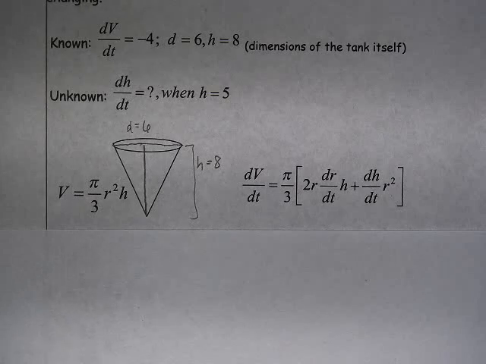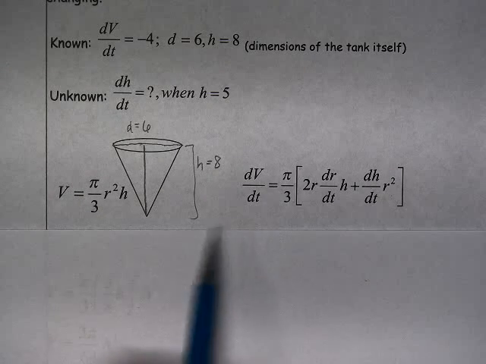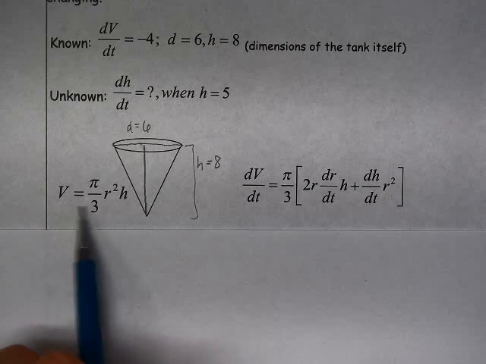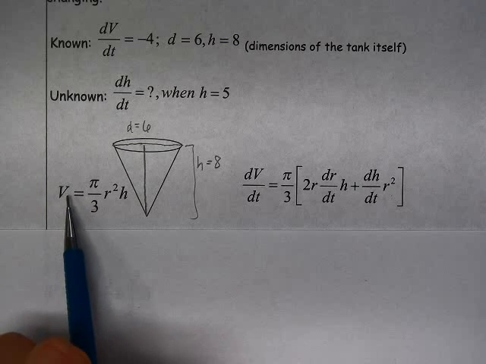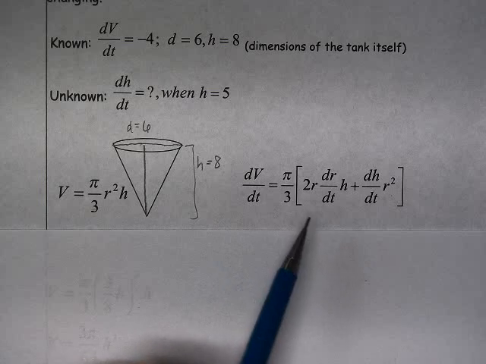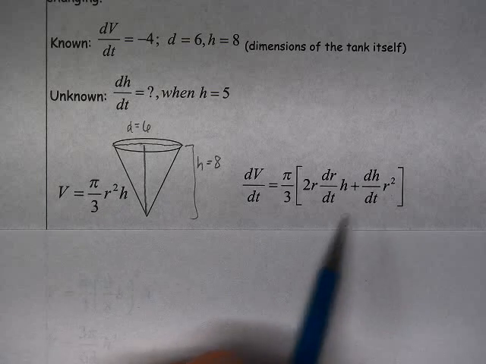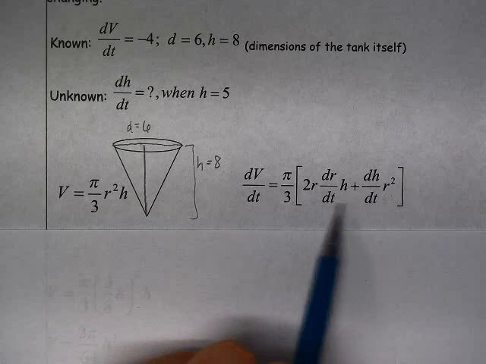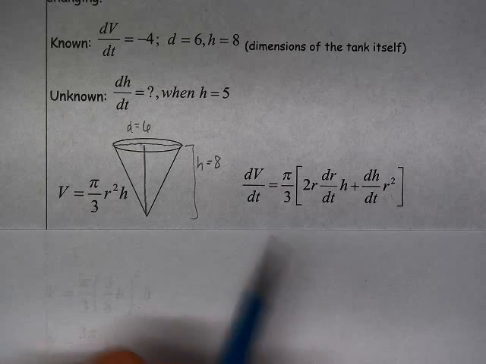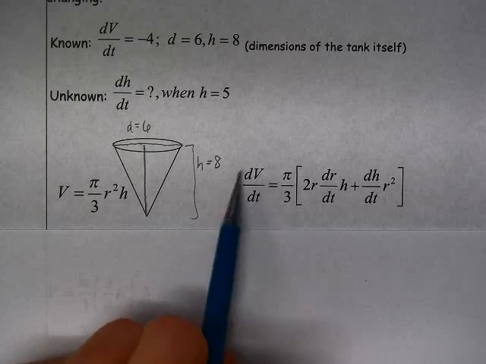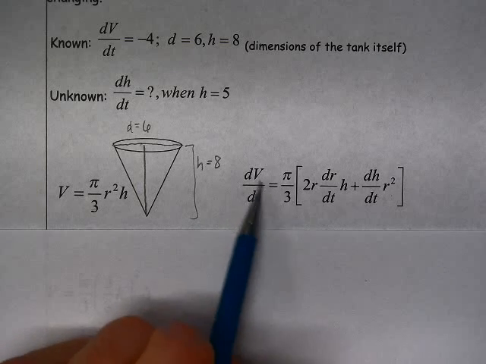And in the initial example earlier on, we talked about how if we took the derivative of this formula for volume, we differentiate with respect to t. So we have to use the product rule here, and we would get an equation that looks something like this. Now, I'm given dV/dt, so I'm happy that that is in that equation.